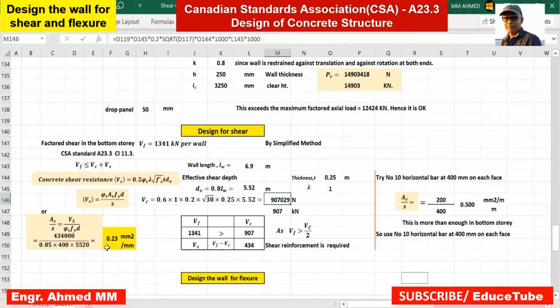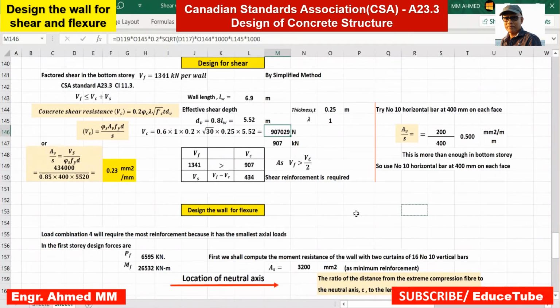So what we found here, if we compare this and this, surely we are in a safe situation. This is more than enough in the bottom story. So use number 10 bars, I mean horizontal bars, at 400 millimeter on each face. So we did the design for shear.